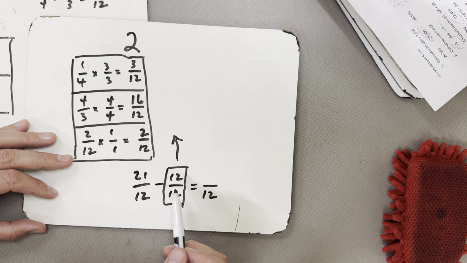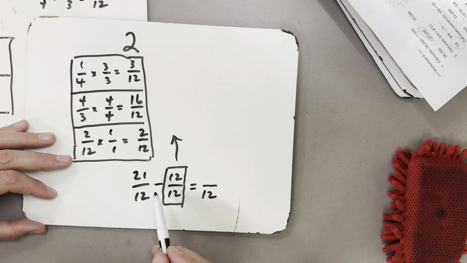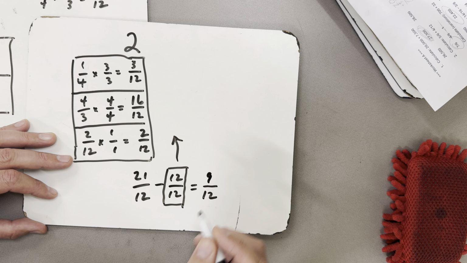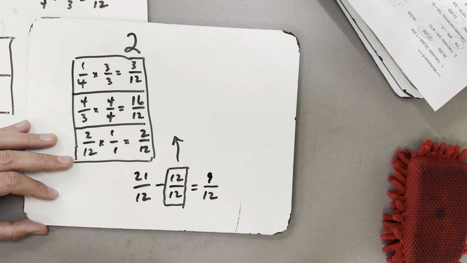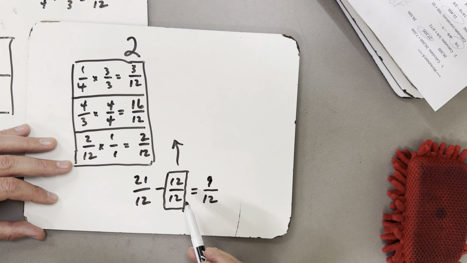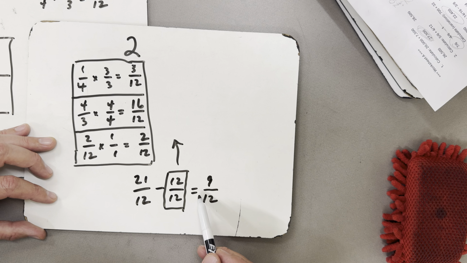What I do in a situation like this, I usually go back by 10 and then by 2. That's easier for my brain. 21 minus 10 would be 11, right? And then just go 2 more, 10, 9. 9/12. So we already fixed our problem, okay? Sometimes you'll have to do this more than once, minus 12/12 and get your answer, minus another 12/12. You keep doing it until you get something that's smaller than 1 here, okay?